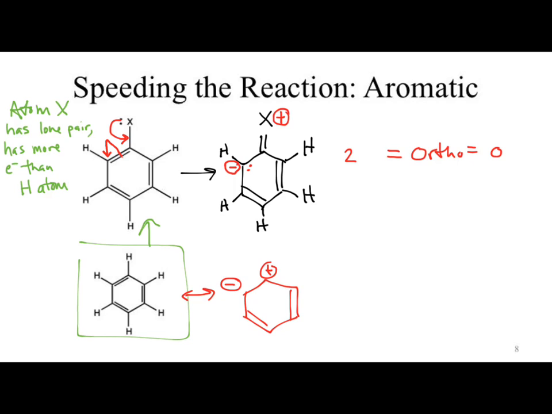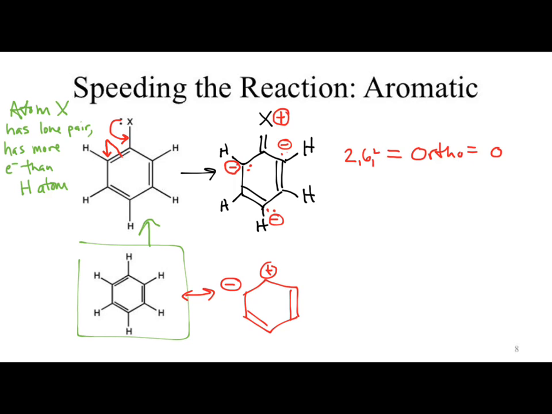Okay? If you continue to do resonance, any ideas where that electron density is also going to sit? As a hint. You'll also find it there. And you will also find it here.